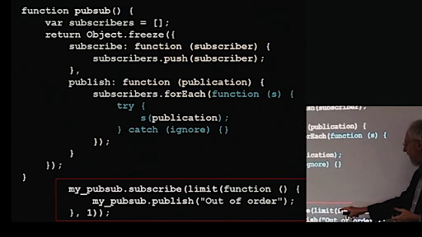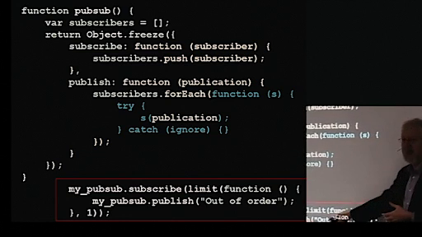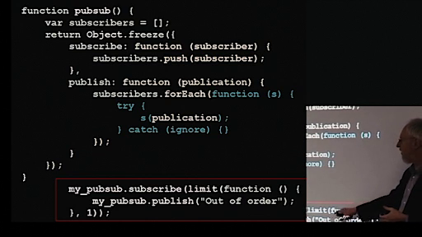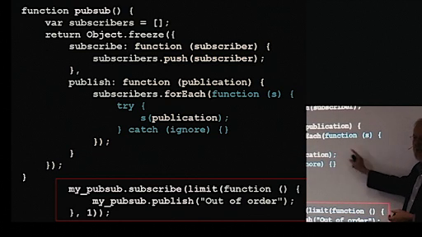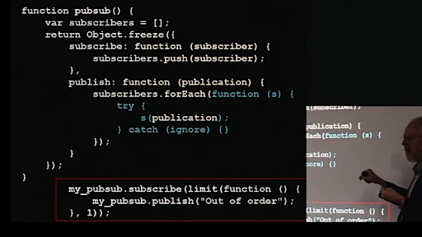He subscribes a function which will publish, and this function gets called in the publication loop. So he can then cause his own message to get published and delivered to everybody who is after himself in the subscriber list. And in doing that, he causes things to go out of order.